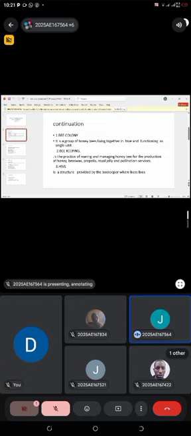Class, do you know the types of hives? We have what? Hive. Very good. Another one? Can you tell us one more?